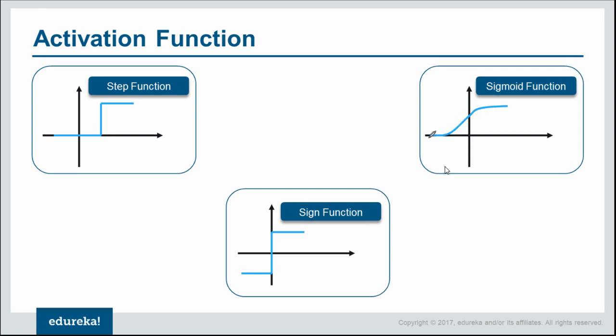So if I am interested only in output going from 0 to 1, then I will use the sigmoid function, and it is of shape S, as we can see here. At negative infinity on the x-axis it touches 0, and at positive infinity on the x-axis it touches 1.